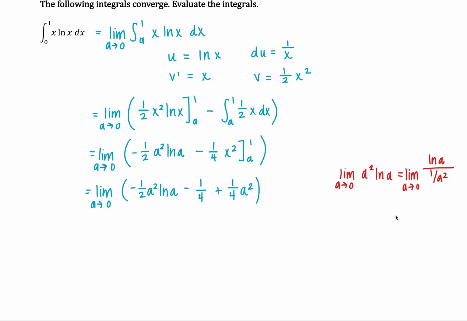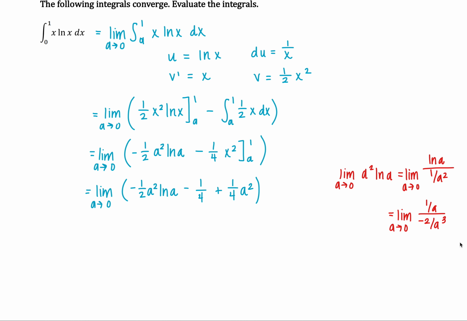And so if I do that, I'm going to get 1 over a. And in the denominator, 1 over a squared is a to the negative second. So if you differentiate that, it's going to be negative 2 over a cubed in the denominator.